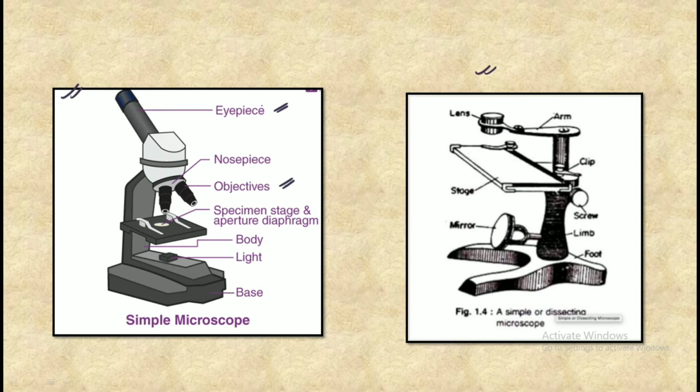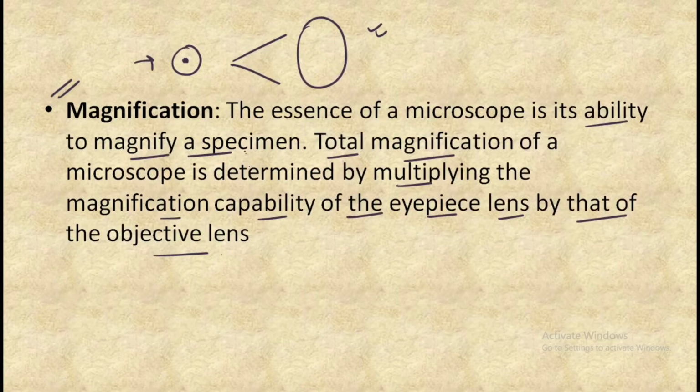When we multiply the magnification of the eyepiece with the magnification of the objective lens, we get the final magnification of the microscope. In other words, the magnification of a microscope depends upon two main components: the first one is the eyepiece and the second one is the objective lens.